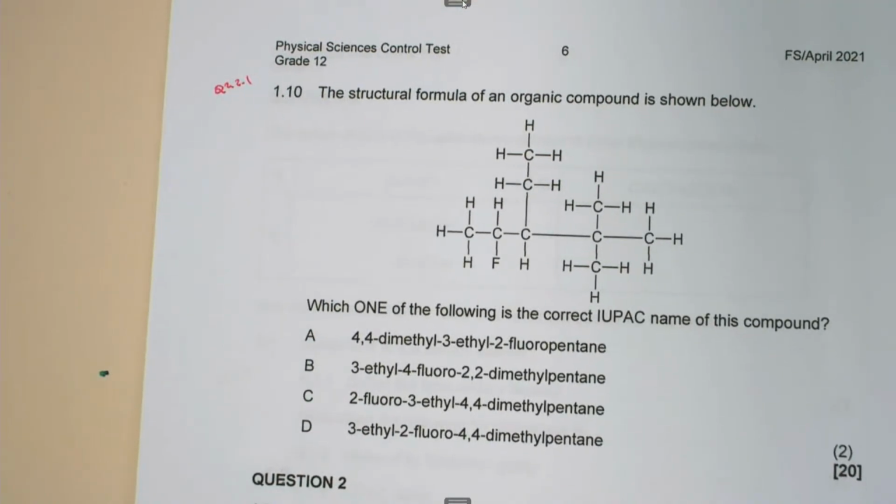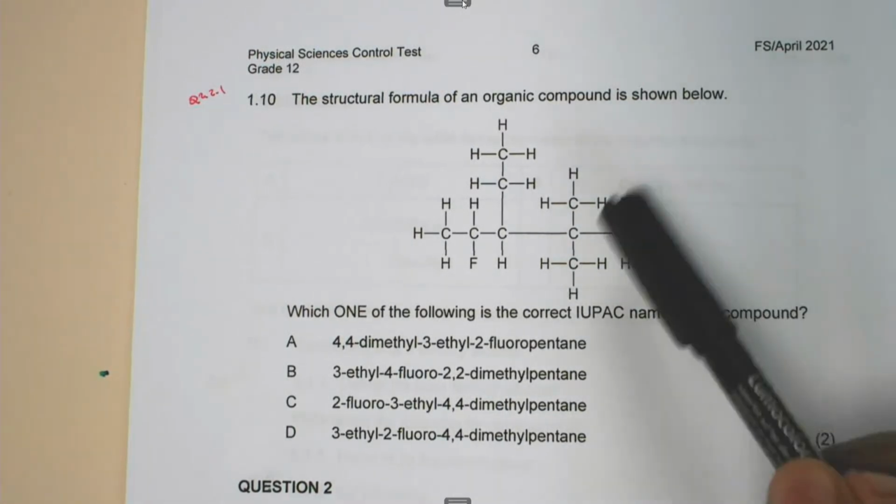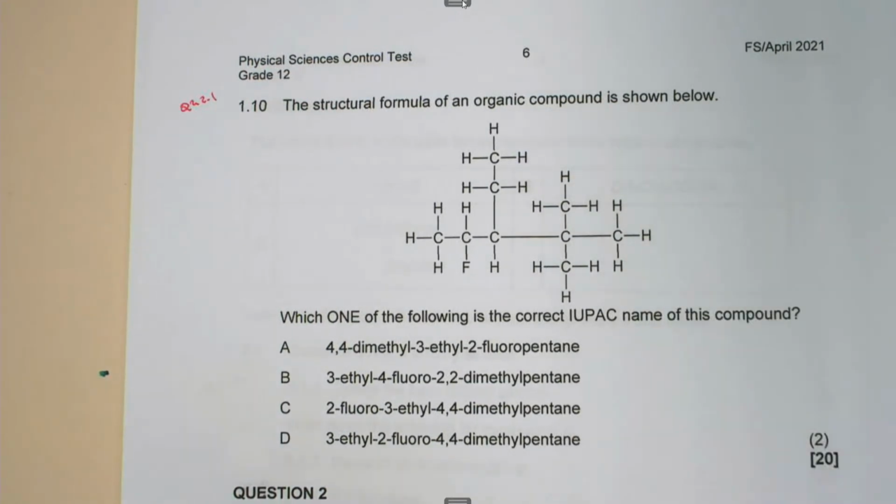And then also in the internal moderators report of last year's paper, it is clearly written there for question 2.2.1 that remember this is a haloalkane. So if it is a haloalkane, when we name a haloalkane, we use the rules of alkanes.